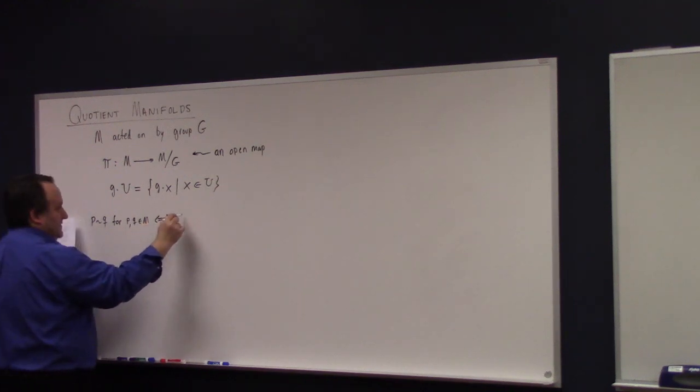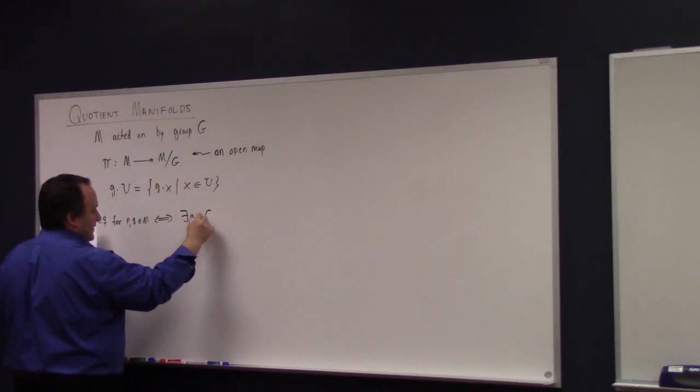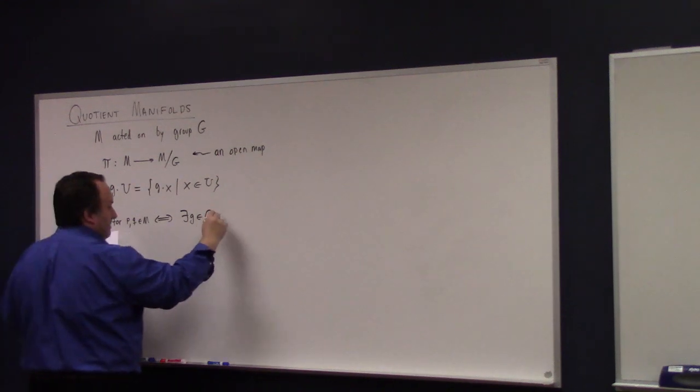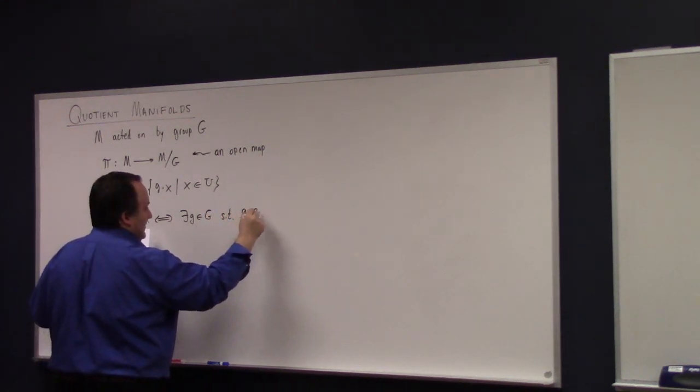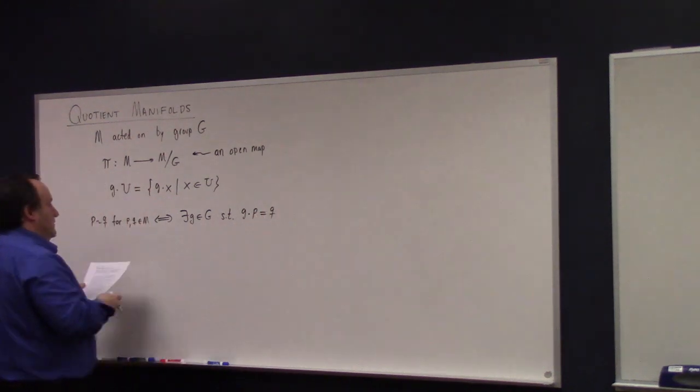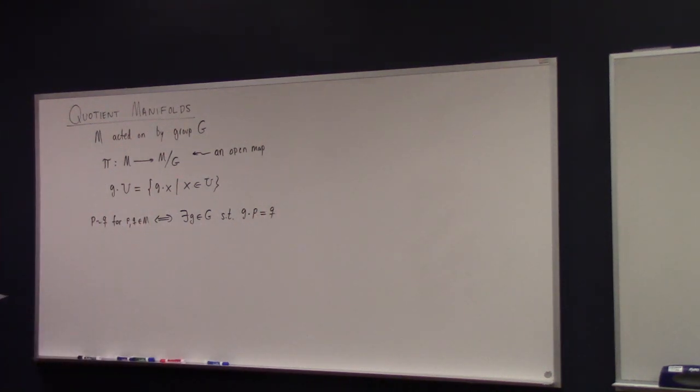There has to exist g in the group such that g acting on P is equal to Q, right? So basically, you take your manifold and you divvy it up into subsets which are connected by the group action, all right?